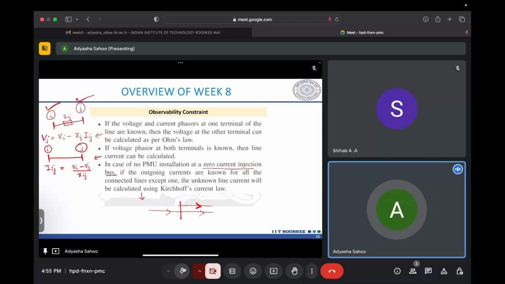Because let's say this is i, j, and k. Kirchhoff's current law says that the summation of the incoming current, basically Iij, is equal to the outgoing current, that is, let's say JK1, JK2, so IJK1 plus IJK2. So from these three currents, if you know two of the currents, you can calculate the third.